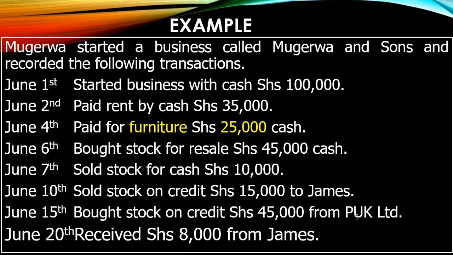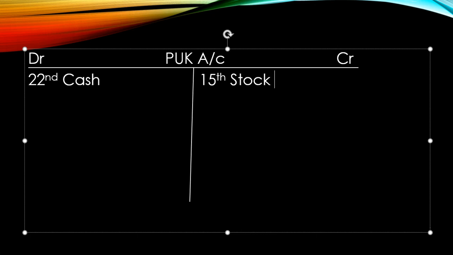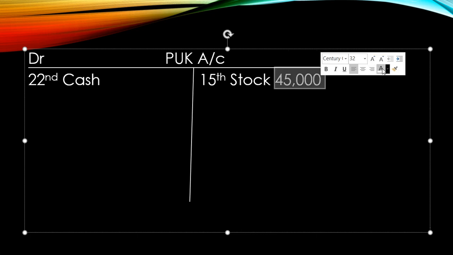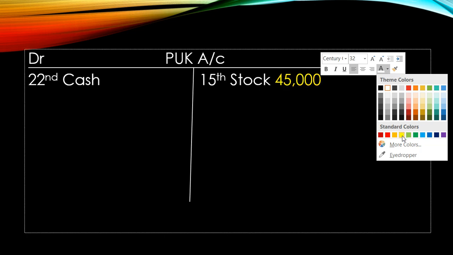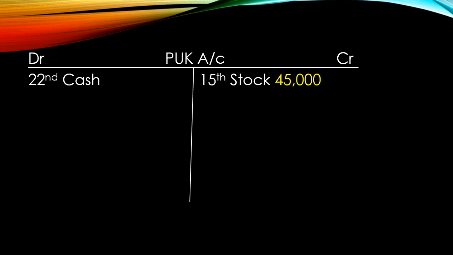We have 45,000. Credit PUK with 45,000. Then debit stock 45,000. And we paint it yellow such that we can see the transaction clearly. A corresponding debit will go to stock.